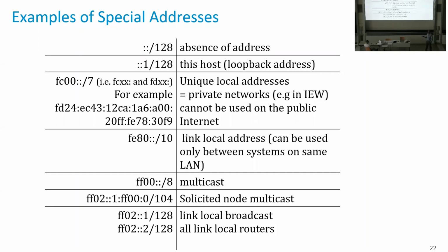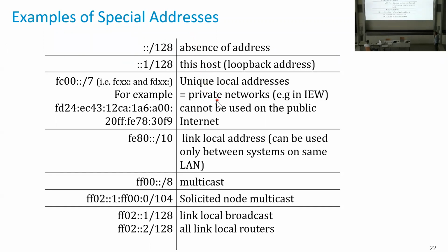In practice, people used only 1. So for IPv6, where there is only 1, the loopback address is ::1. So this double colon 1 means 127 zeros followed by 1. That means this host, right? And this, the empty string, means 0. It means no address. Same convention as with IPv4.